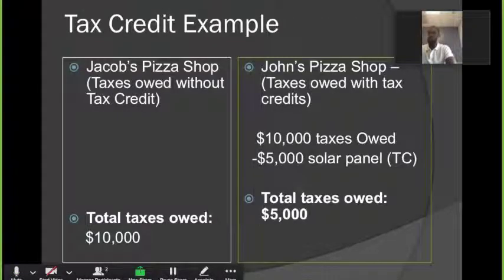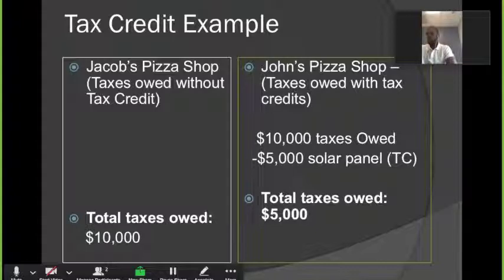So a brief example to better illustrate tax credits is we're going to take two pizza shops. Jacob's Pizza Shop, this is without any tax credits. So Jacob's Pizza Shop, after all of his business, he owes the U.S. government $10,000, which he must pay for his taxes. Whereas John's Pizza Shop is able to reduce his tax liability by using tax credits.